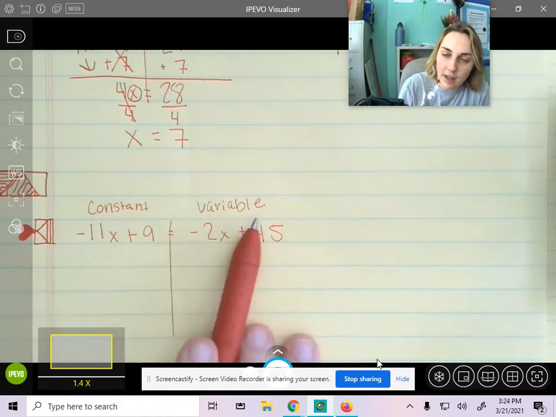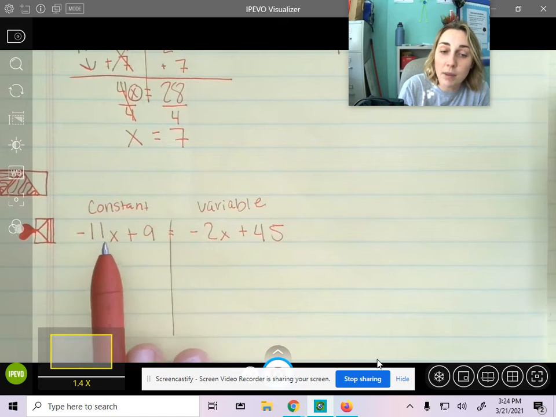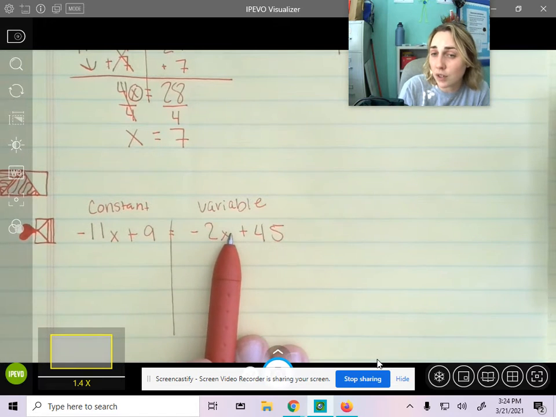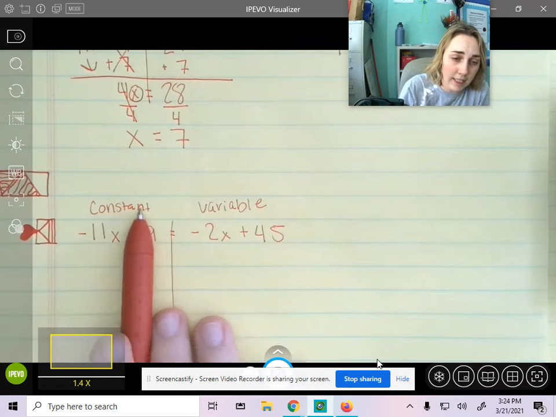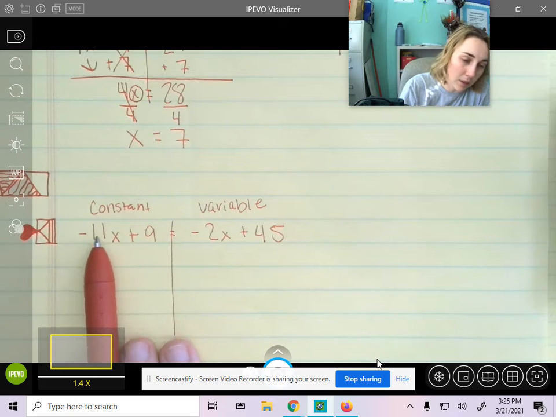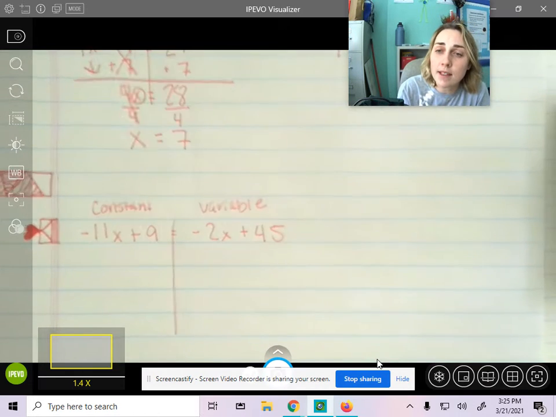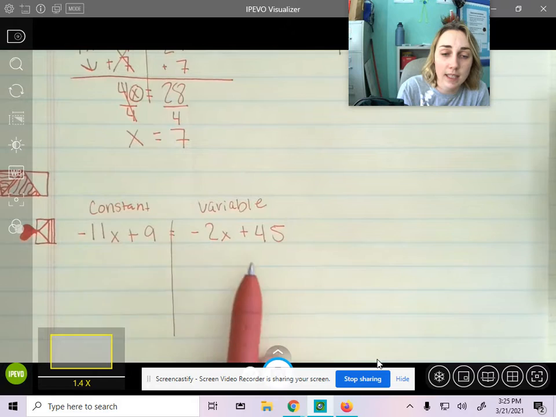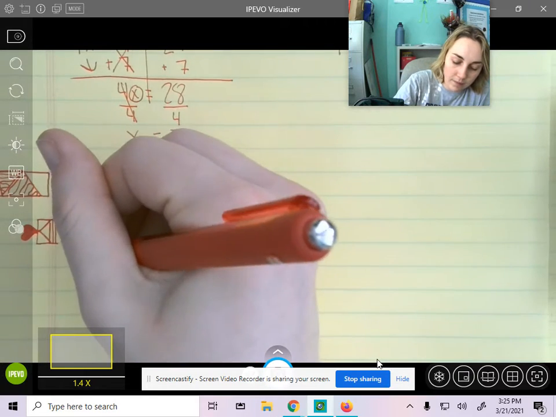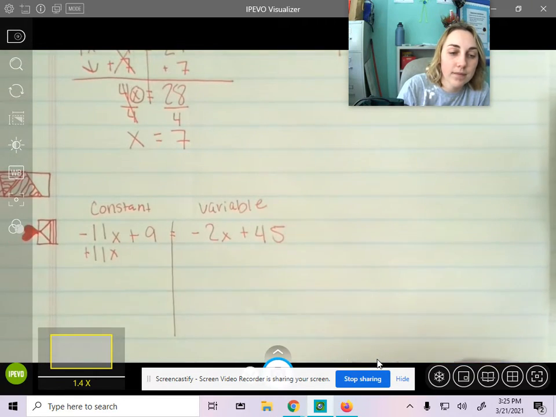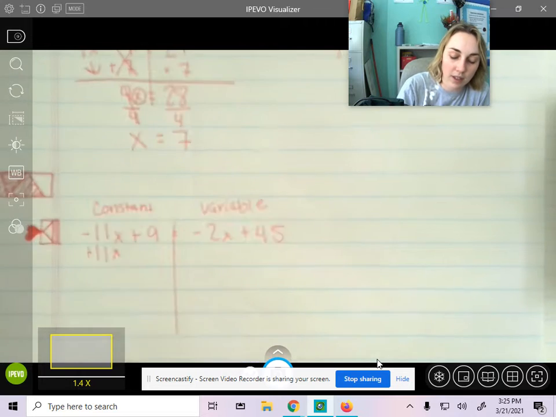So now that I have chosen my sides, I want to move all of my variables to this side first. So what I'm going to do is I need to get rid of this variable. Well, this one is negative 11, so I got to do the opposite of negative 11 if I want to move it to this side. So I'm going to add 11. And if I do that on one side, I have to do it on the other side as well.